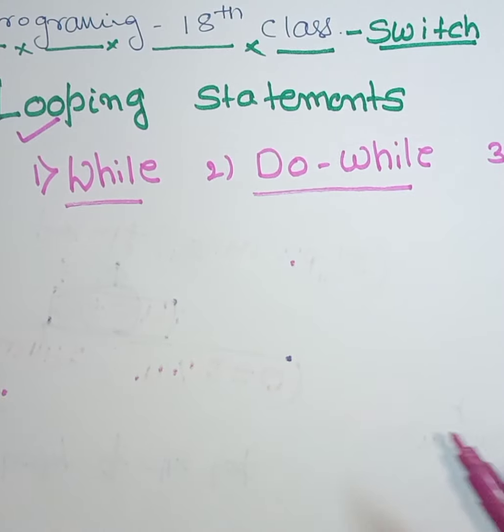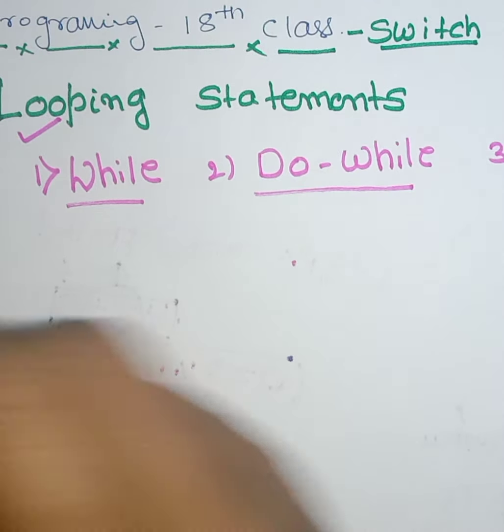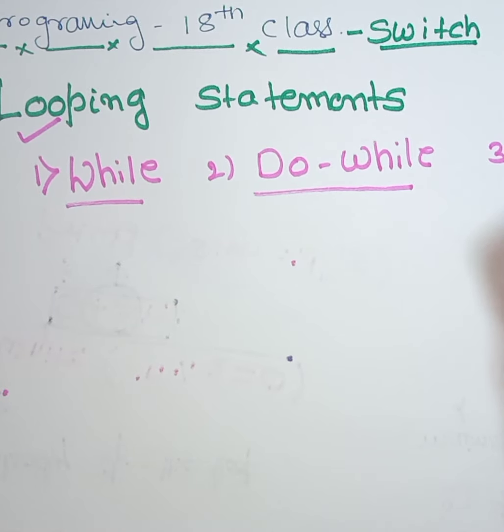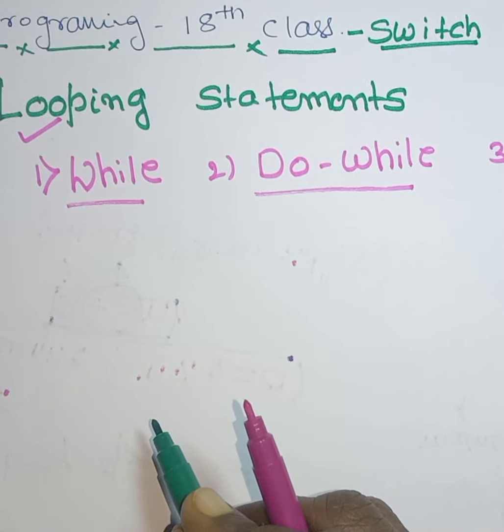Looping is nothing but repeating. Here is one point, and here is another point. First I move from this point to this point, and again I come back to this point, again and again like this. This is called looping. That means I want to repeat this statement again and again, then we use the looping statement.